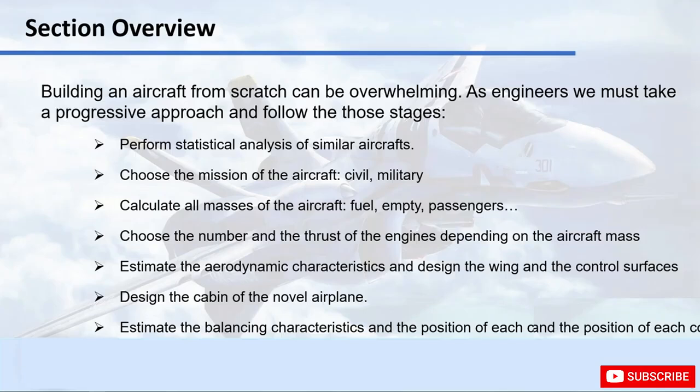You will then need to decide what are going to be your control surfaces, where is going to be positioned your wing and your tail, estimate the balancing characteristics, and design the cabin, whether it's going to be a business class or it's going to be an economy class, just by yourself. These are all the necessary things that an aircraft designer should think about, and this is why I'm saying this could be quite overwhelming. So let's take here an engineering approach and just perform them step by step.